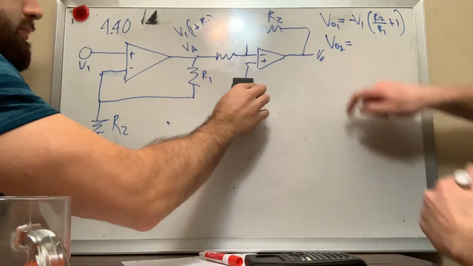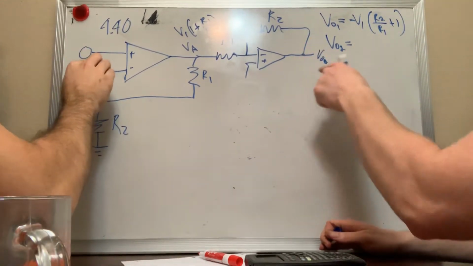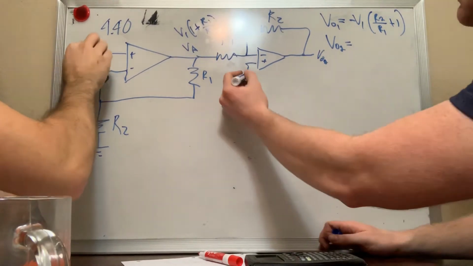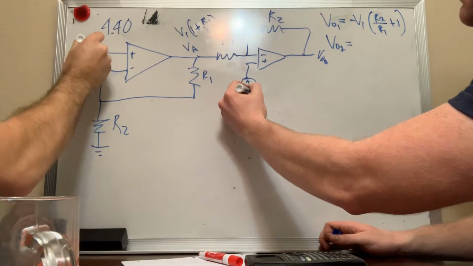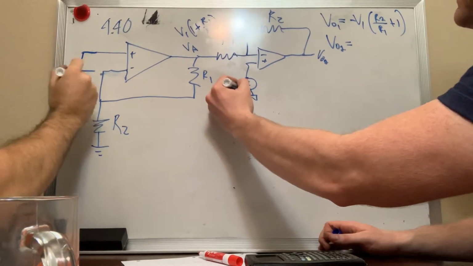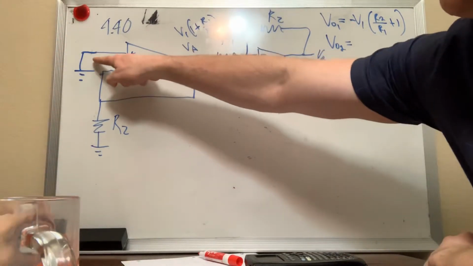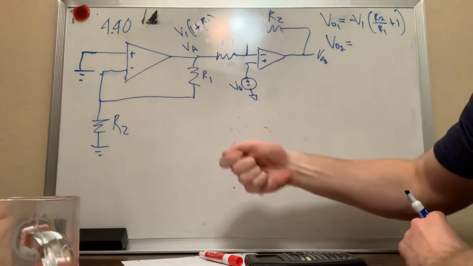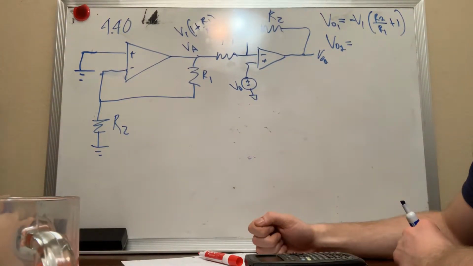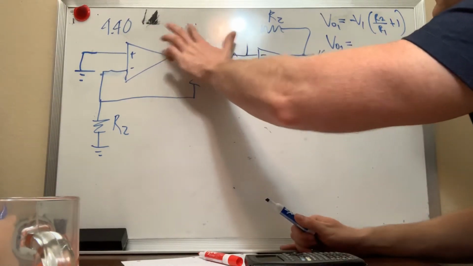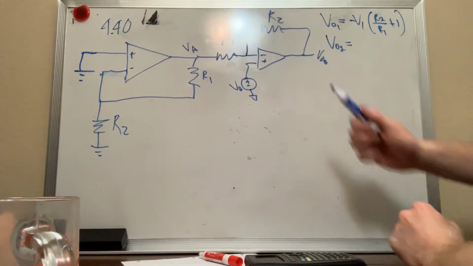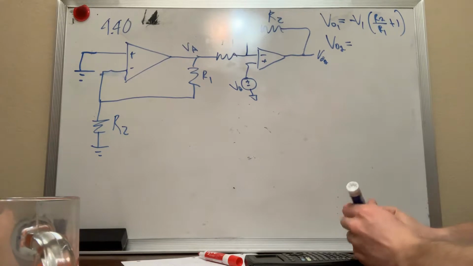And Vout2 is the partial output solution as contributed by V2, and then we ground out, we short out the V1 source. Okay, so this is what our circuit looks like. We've got to find what V2 is.